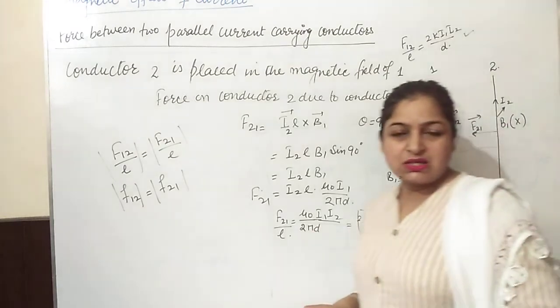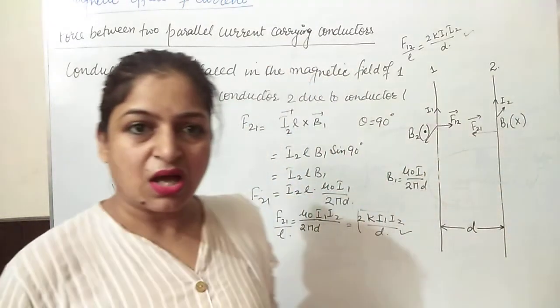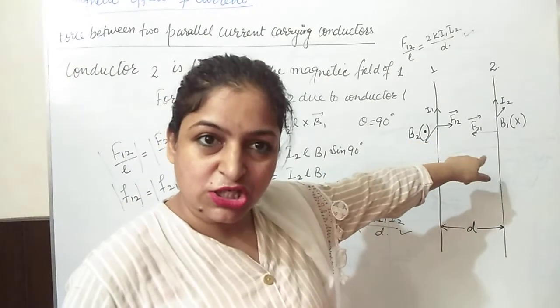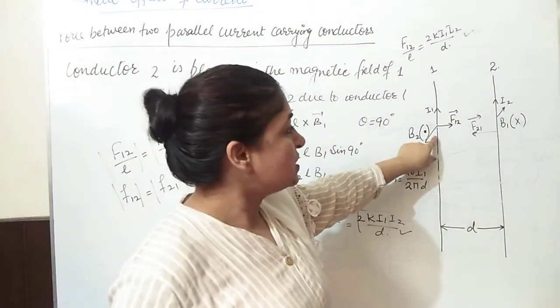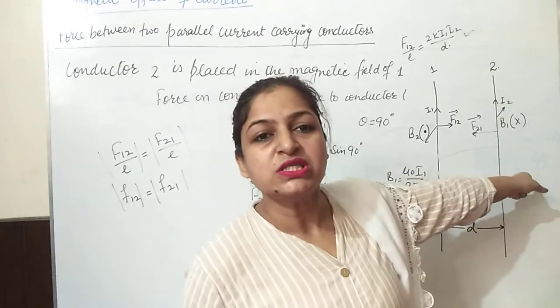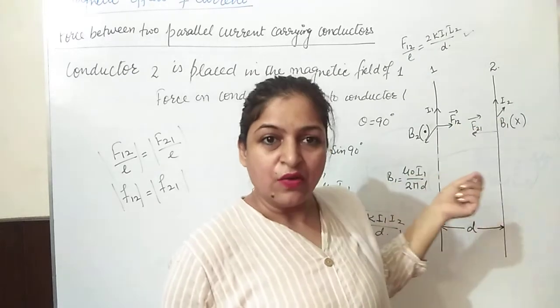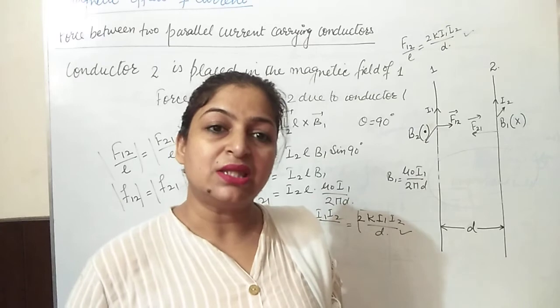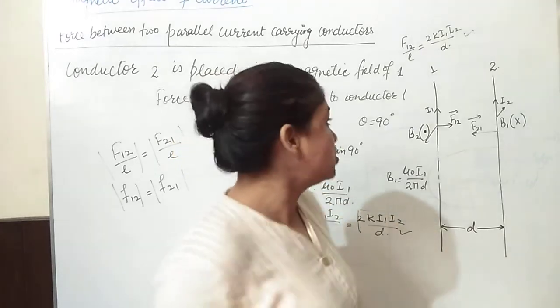Now you can see both of the forces are equal in magnitude but opposite in direction. So conductor 1 is being attracted towards conductor 2 and conductor 2 is being attracted towards conductor 1. We can conclude that both of the conductors are attracting each other.